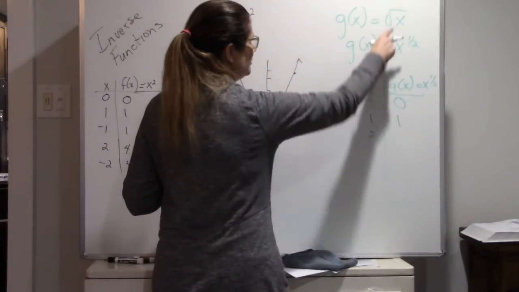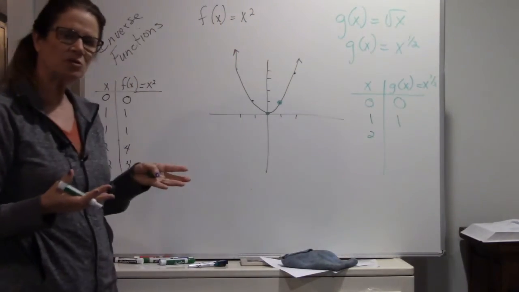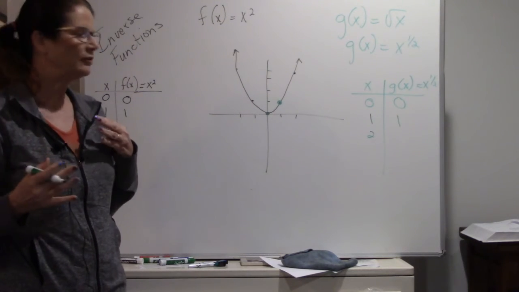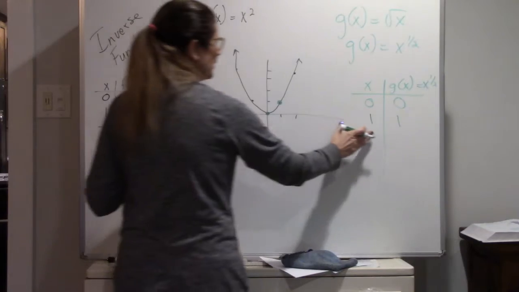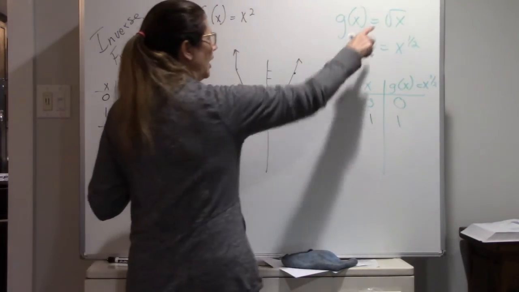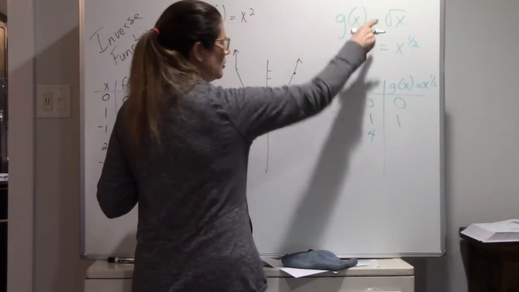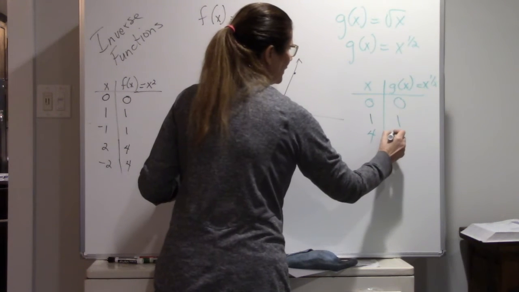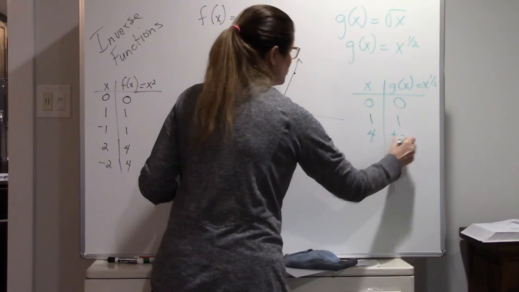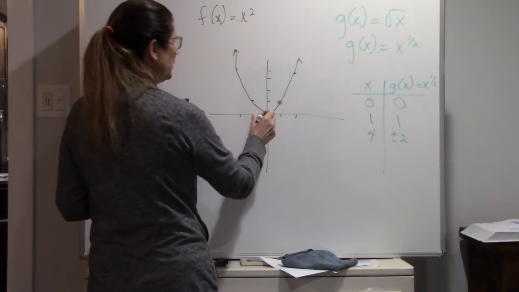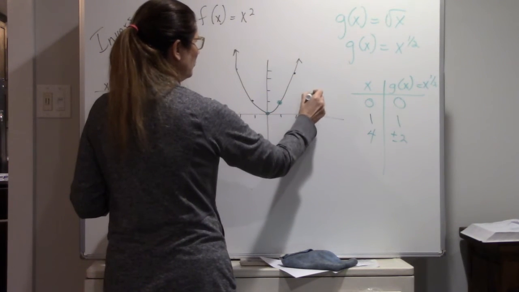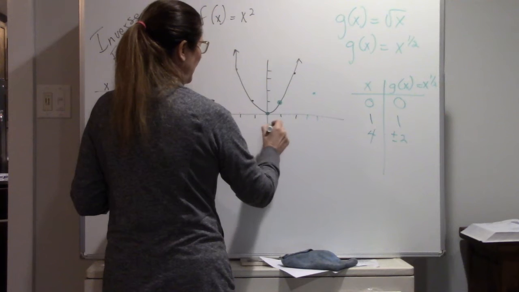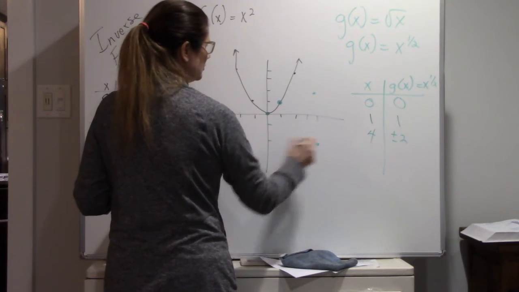Now, this is where I want to put in perfect squares. If I plugged in 2, I could get the square root of 2, which is about 1.41. But because I want to keep it easy to graph, I'm going to plug in perfect squares. So the square root of 4 is plus or minus 2. So when I plug in 4, I'm going to get out a positive 2 and a negative 2.